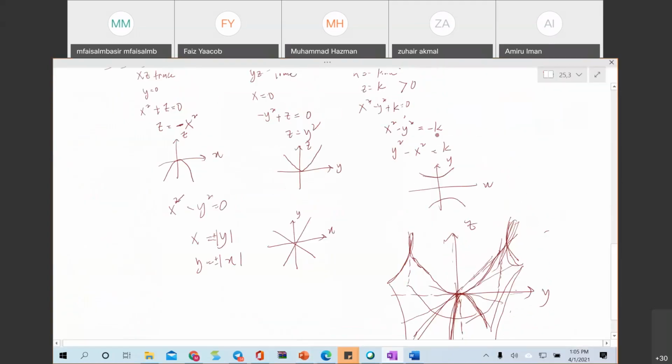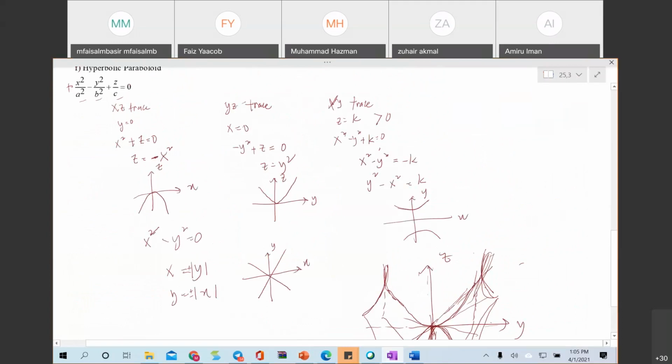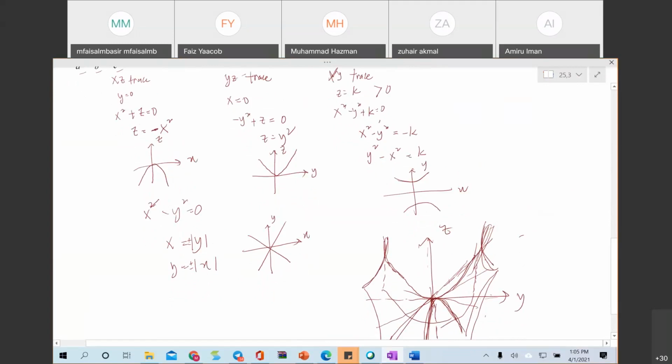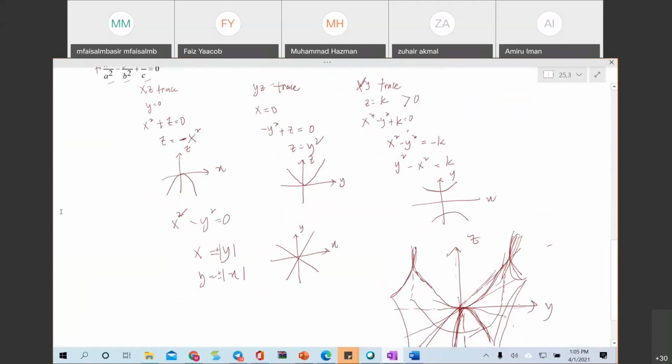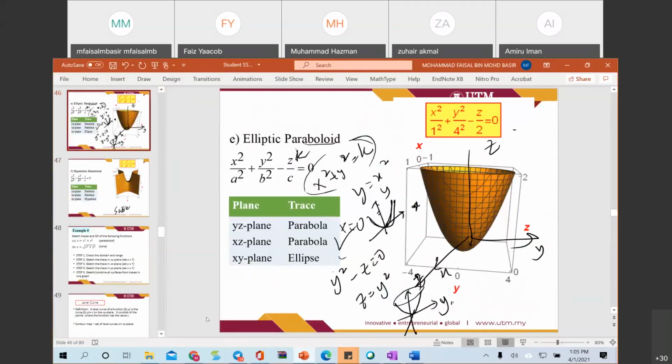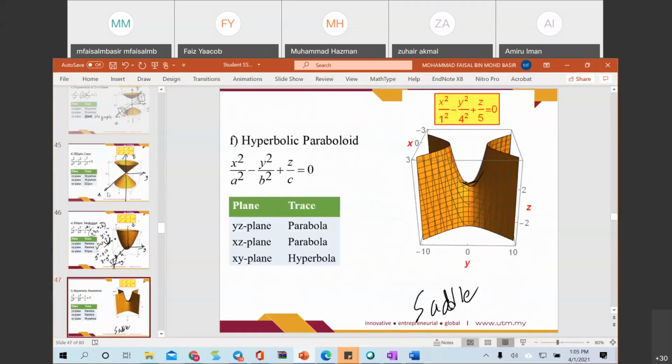Maybe we can extend our work this. Say that when k is less than 0, how is it working? K more than 0, how it is working? Okay, so everything is about the level curve. If you are blur about this, you can type in YouTube how to sketch elliptic paraboloid, how to sketch hyperbolic paraboloid.